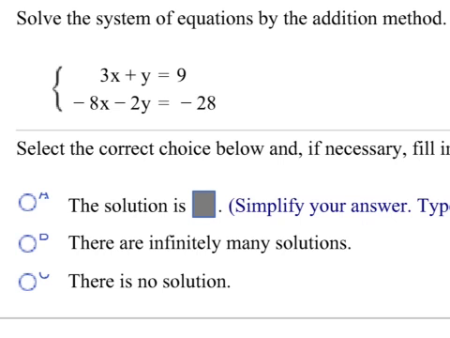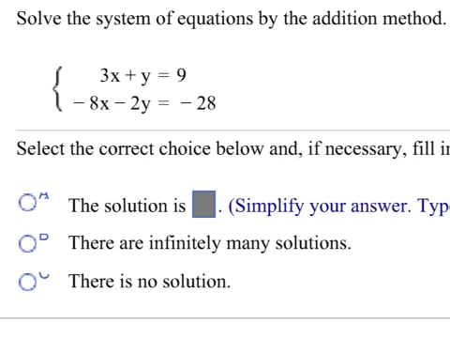Now on number 3, there's a little bit of a problem because if I add these two linear equations together, there's not going to be a variable that's eliminated, because 3x plus negative 8x is not going to eliminate the x's, and 1y plus negative 2y is not going to eliminate the y's.